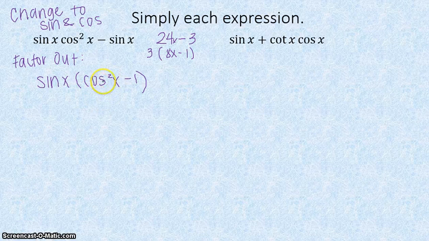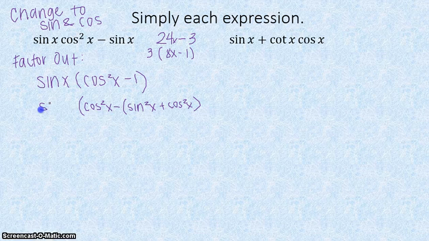Then I look at this cosine squared minus 1. That looks familiar to me, and if I think about my Pythagorean identities, there's actually one that says sine squared plus cosine squared equals 1. So cosine squared I'm going to keep, and minus 1 is really the same thing as minus sine squared plus cosine squared.